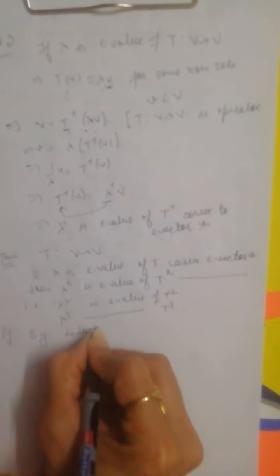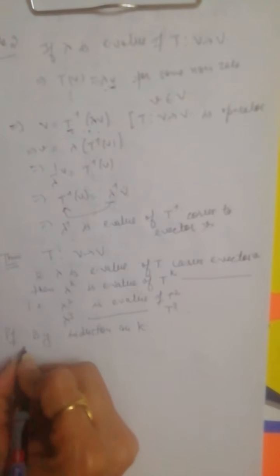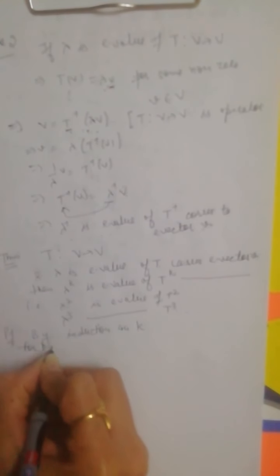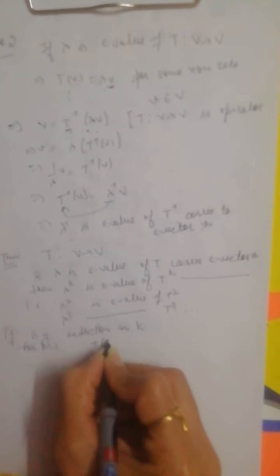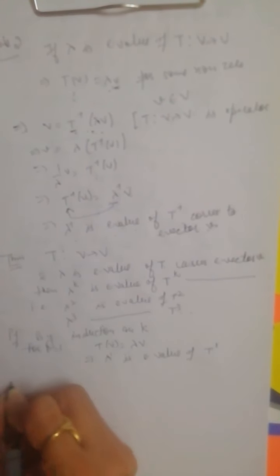Proof will be by induction on k. For k is equal to 1, Tv is equal to lambda v because lambda is an eigenvalue of T. That means lambda raised to power 1 is eigenvalue of T raised to power 1. Hence the result is true for k is equal to 1.